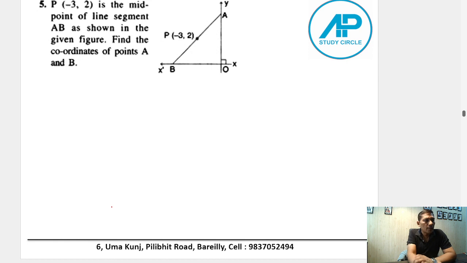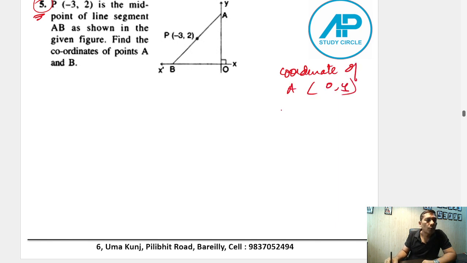You should try to solve as many questions as possible on your own. So this question is important because you have a diagram in this. So the concept here: coordinates of A is 0, y, a point lying on the y-axis, and coordinates of B is x, 0, a point lying on the x-axis.